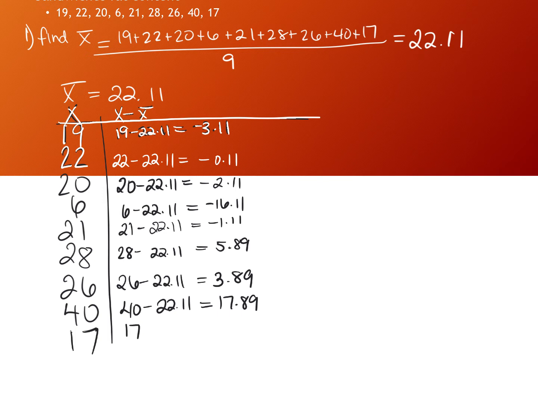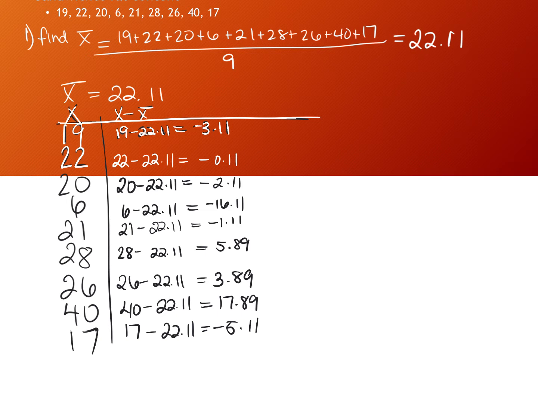Okay, so if I just take the deviations and add them up, I get 0, basically. I got 0.01 because we rounded the mean to 22.11. So if I took it without rounding and added them all up, I get 0.